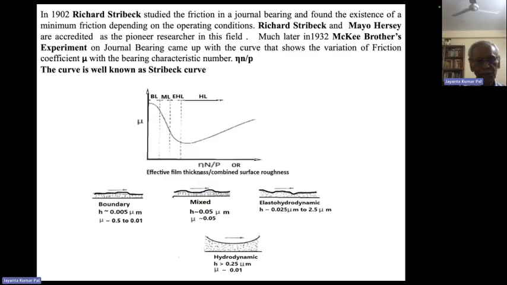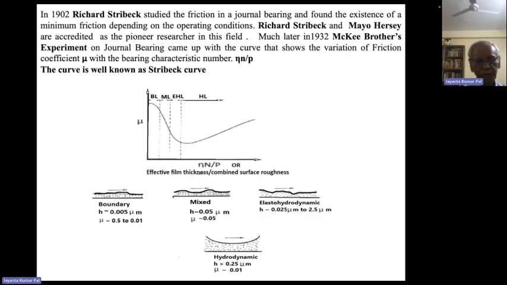So if this ratio is low, we can expect contact or very close sliding when the surfaces are very close together. If we now look at the bearing characteristics number, it is eta N by p.